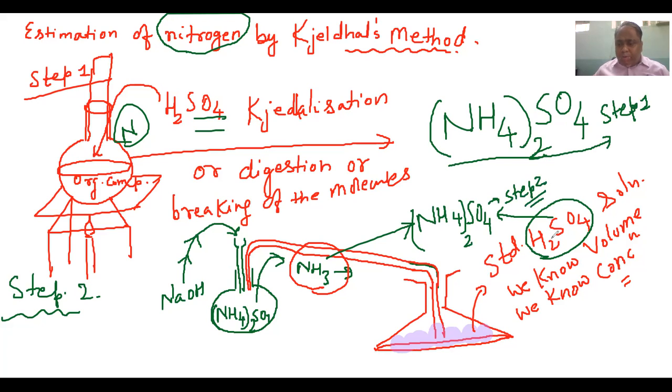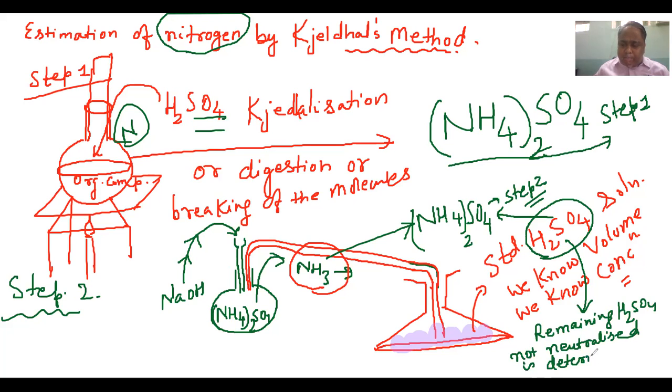Now the remaining H2SO4 which is not neutralized is determined by alkalimetry, means using alkali as a titrating agent.